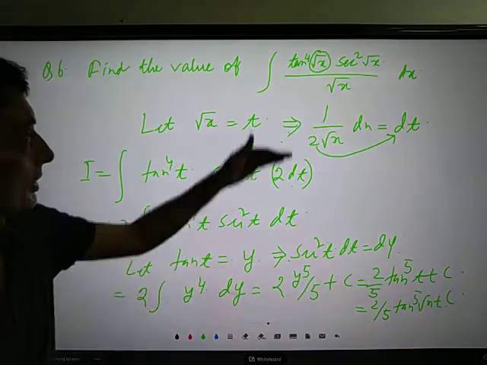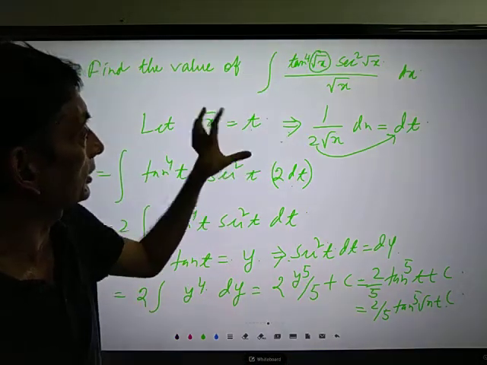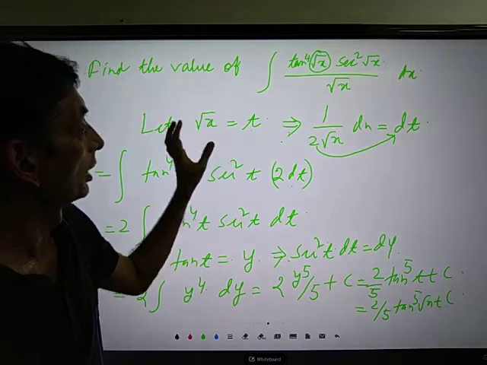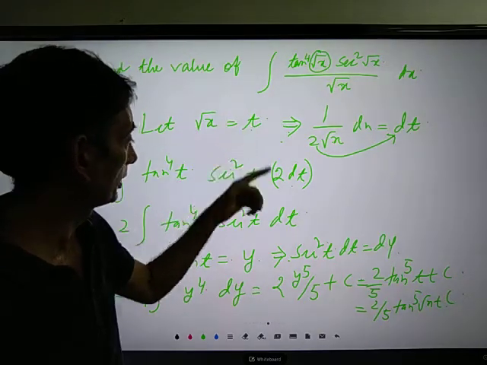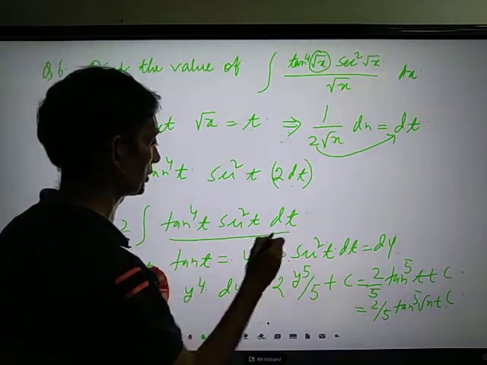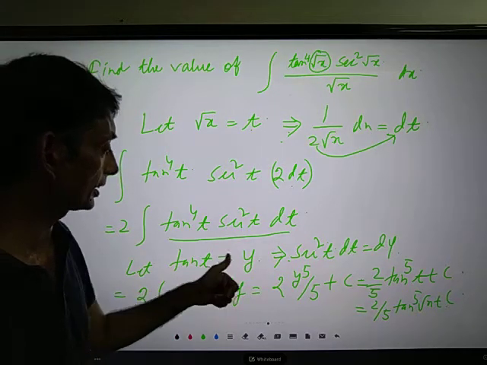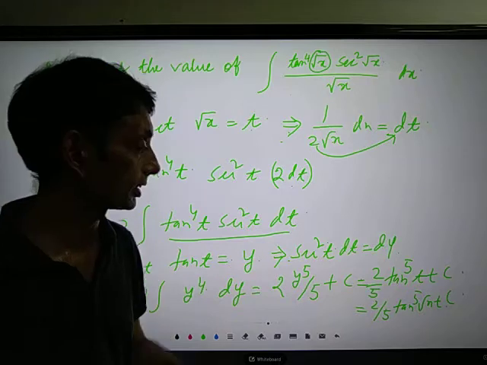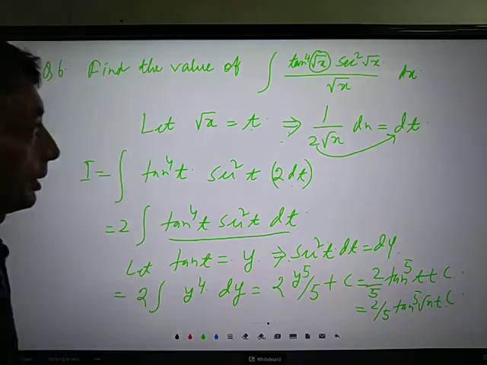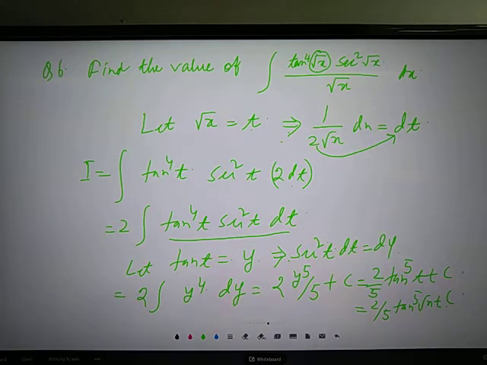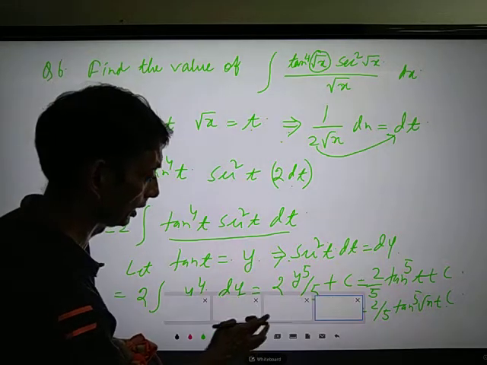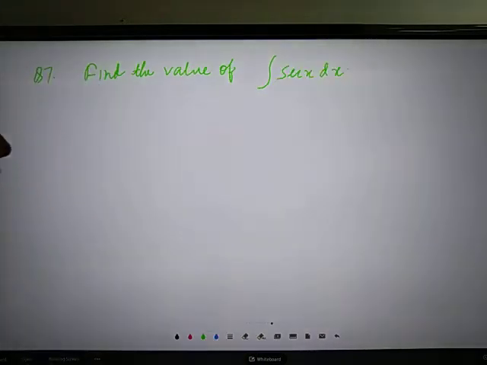If we start with simple substitutions like root x equal to t, then it gets simplified to these expressions. Then again you can substitute tan t equal to y, and you will obviously follow these simple steps. Okay, and let's move to the next question.